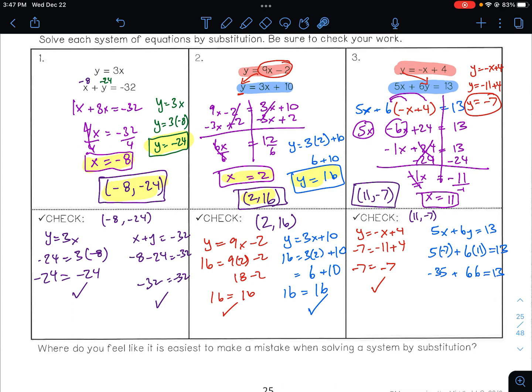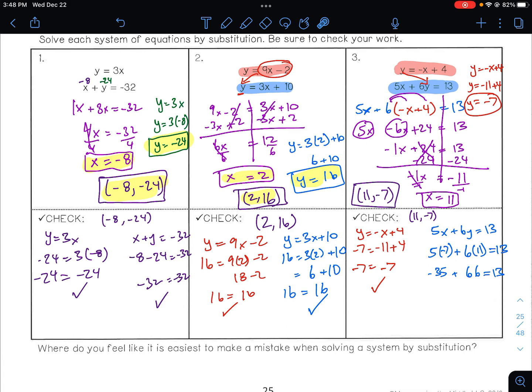What did I do wrong? If x is 11... I must have done something wrong when solving for x, is my guess. That's why it's so important to check your answers.